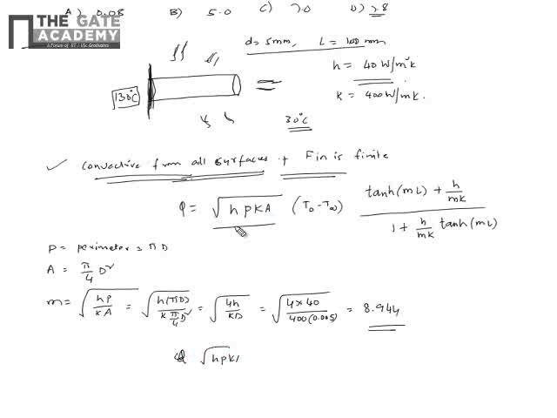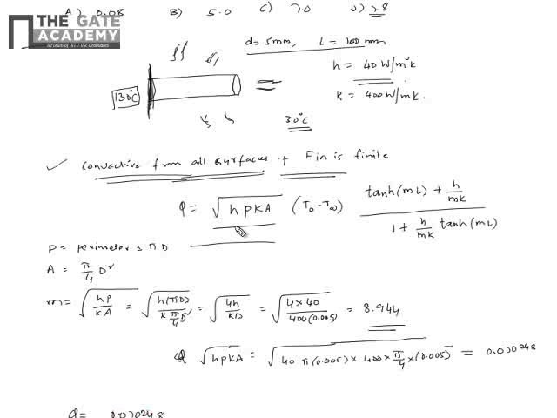First, root of hPkA will be root of 40 into pi into 0.005 into 400 into pi by 4 into 0.005 whole square. When I calculate this value, I get 0.0740248 for the root hPkA.